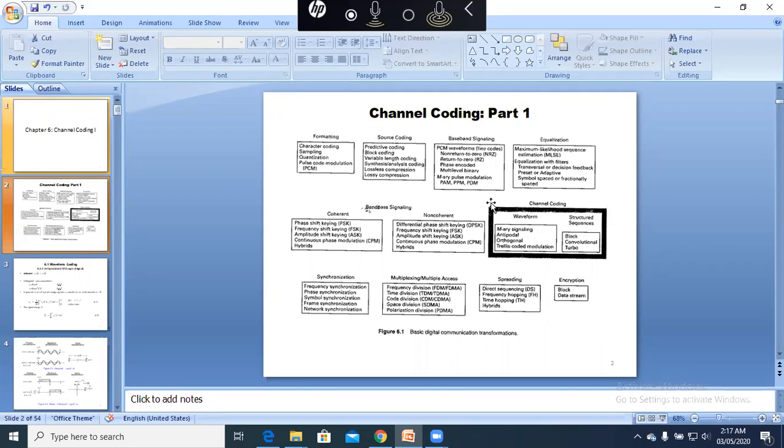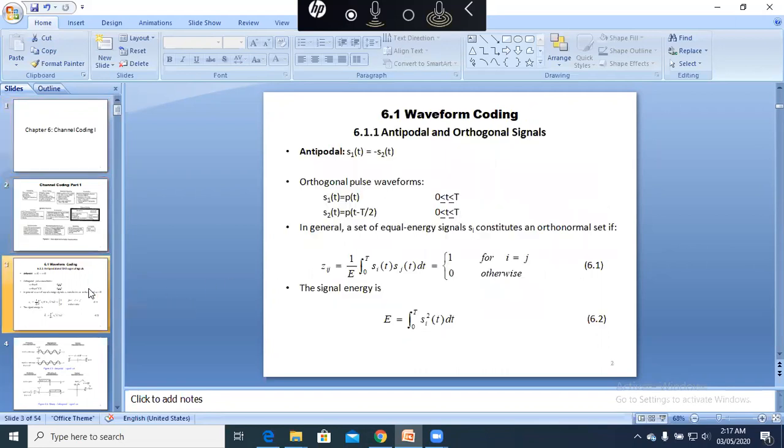So we learn some basic concepts. So the initial of coding is from waveform coding, and the waveform coding is the antipodal signaling and orthogonal signaling.